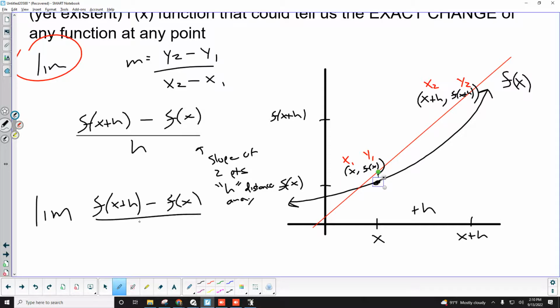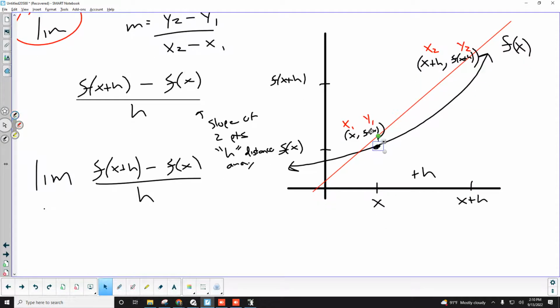But what goes here? Well, he's like, I'm going to take these 2 points and I'm going to make them really close together. I'm going to try to shrink this H. What goes here?